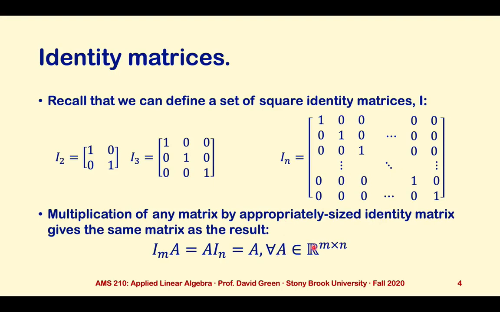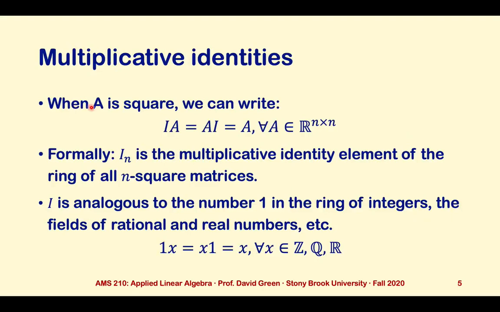So if we have an M by N matrix A, any M by N matrix A, if we multiply that matrix by the M-sized identity matrix on the left or by the N-sized identity matrix on the right, the answer is the same matrix A. When A is square, that means the number of rows and columns matches.